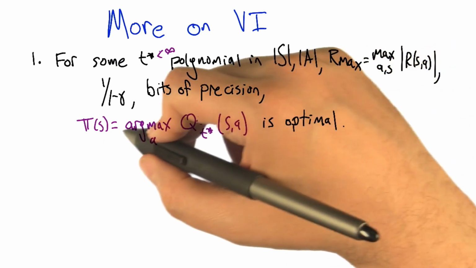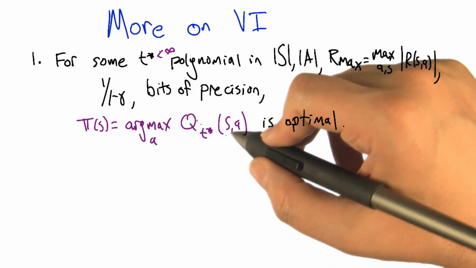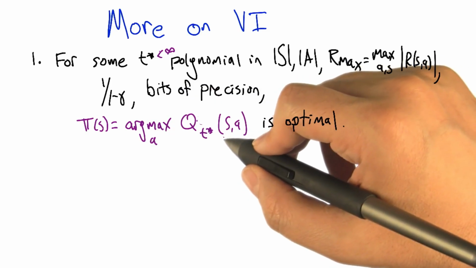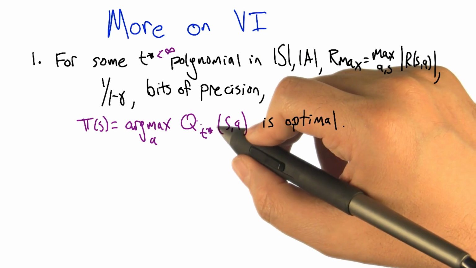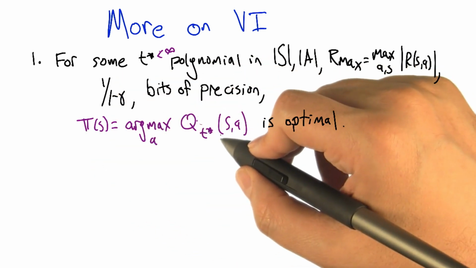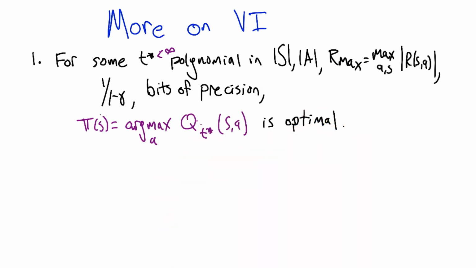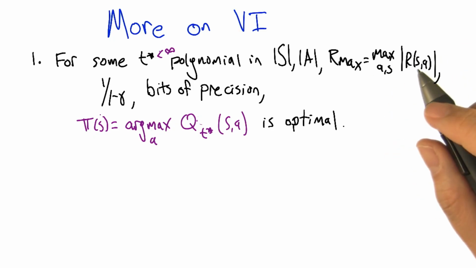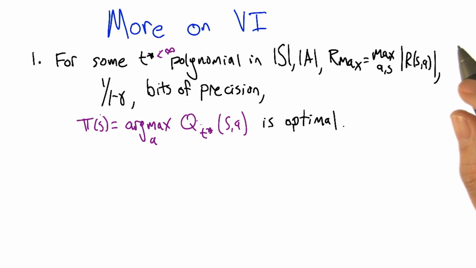But what this is saying is that there is some time before infinity where we get a Q function that's close enough so that if you do the greedy policy with respect to it, it really is optimal, like all the way 100% optimal. So what that really means is it's polynomial in the things you would expect to matter. And so that's saying that you can actually solve this in a reasonable amount of time. Yeah. I mean, anytime I see the word polynomial, I'm like, okay, what you're saying is this is reasonable.